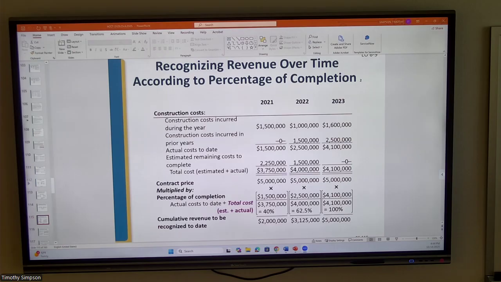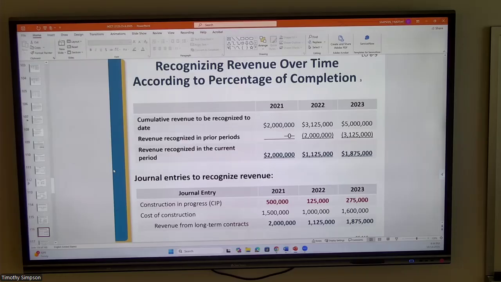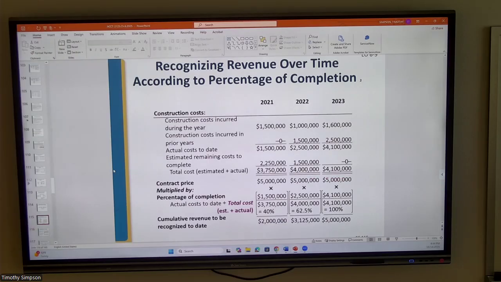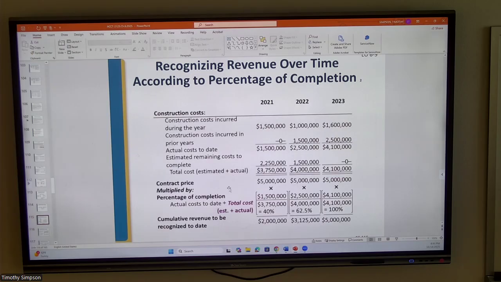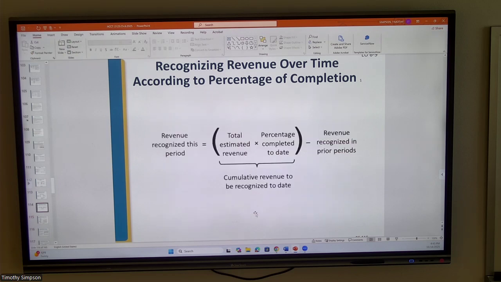And so if we go on then, remember we are talking about the cumulative revenues. It just goes back to the prior screen, really. 2 million, bottom line here, 2 million, 3.125 million, which is basically the difference between that and the 2 million prior.